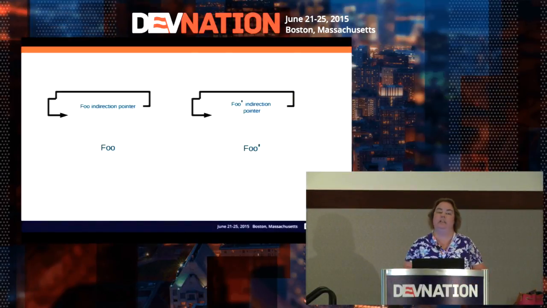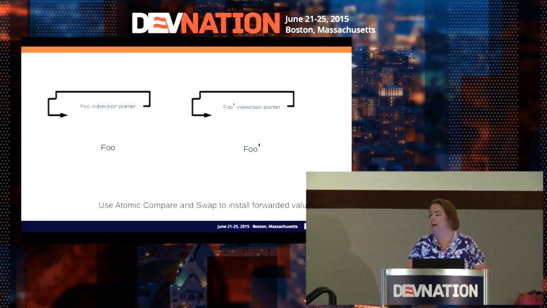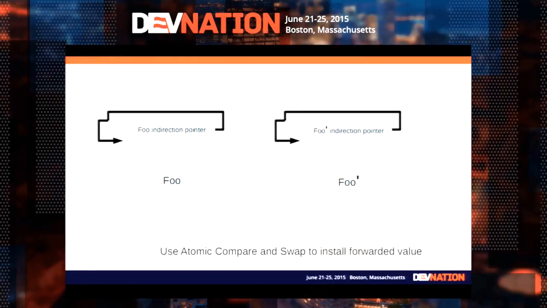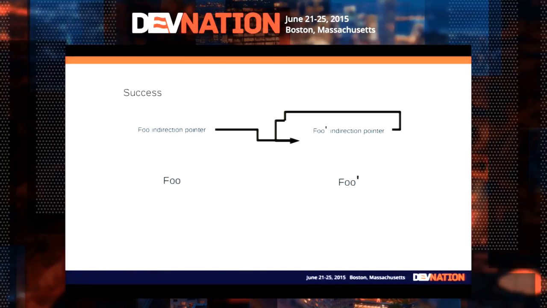So how do we actually copy these objects while the threads are running? We make a speculative copy. The garbage collector has thread local storage that allows it to make a speculative copy of foo. And then it will try to do an atomic compare and swap. Does everybody know what a CAS is? If the location has what we expected in it, meaning it still points to the from space object, we want you to update it to point to the to space object. If that CAS succeeds, then we're golden.